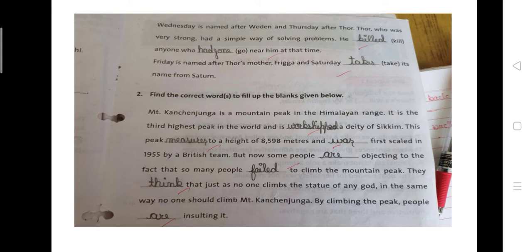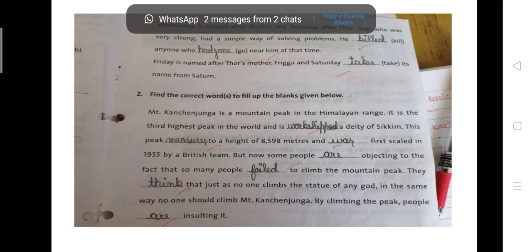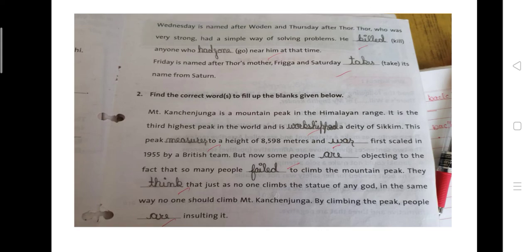They think or believe that just as no one climbs the statue of any god, in the same way, no one should climb Mount Kanchenjunga. This is in simple present tense, so that's why we have to use think or believe. By climbing the peak, people are insulting it. This is in present continuous tense. Insulting is given, we have to just add are according to the subject given over here. So in this way we have to complete it.